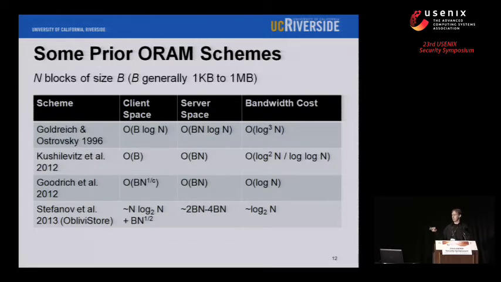But you can see there's also a big difference in client space, ranging from constant in the Kushilevitz et al. scheme all the way down to something even linear in the size of the database, although linear with a very low constant, so you still get a 100 to 1,000 factor improvement in the total space. What you can store on the server versus what space you have on the client.